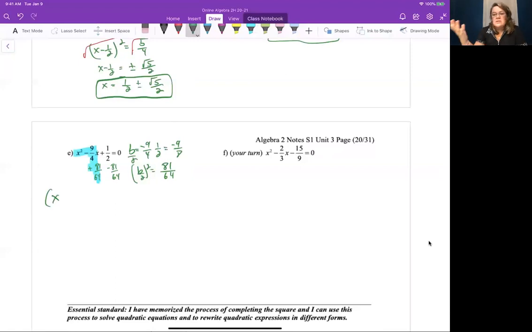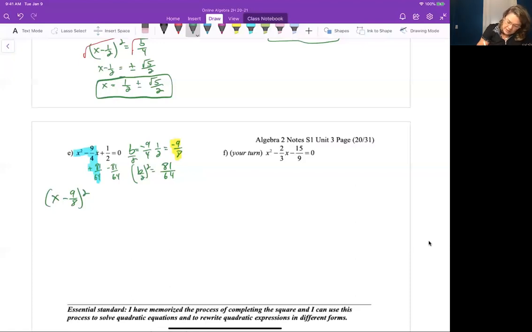So let's go ahead and factor that. Don't stress out about what that value is, because it's just this b over 2 value, which is minus 9/8. So minus 9/8, that's squared. And then we have to add a half to 81/64.